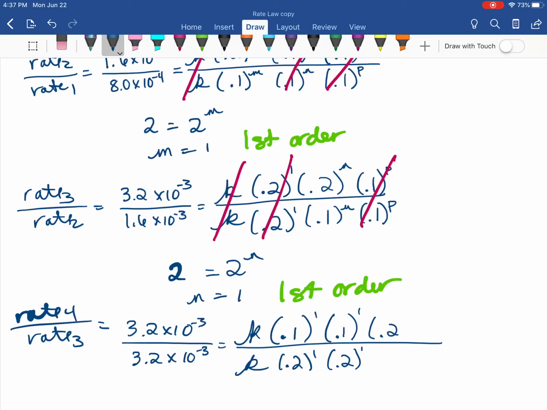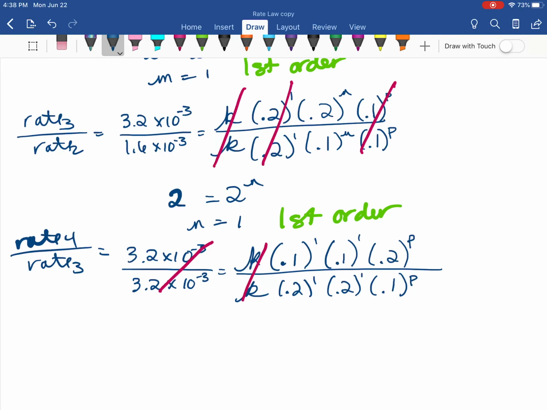And now this time it's 0.2 over 0.1, and this is the one we're solving for. So we can still cancel this, and this is going to give us a 1. Let's plug all of that in on your calculator and see what you get. What do you get to solve for p?